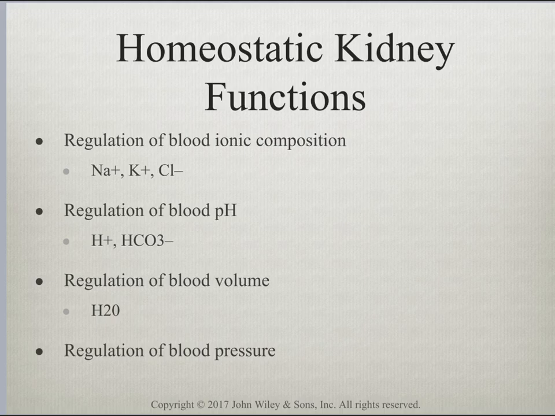Aside from those ions, we also regulate blood pH. So if we think about an acid-base relationship, we should be thinking positive and negative. The positive ions would govern acidity, and the negative ions will cover bases or basicity. So we look at our two major players, hydrogen ions and bicarbonate ions.